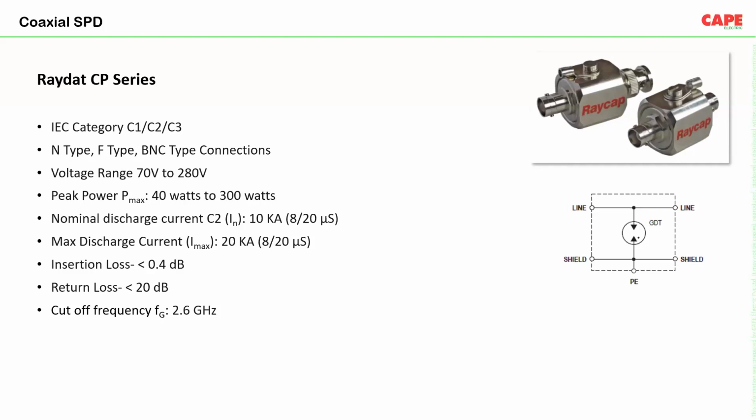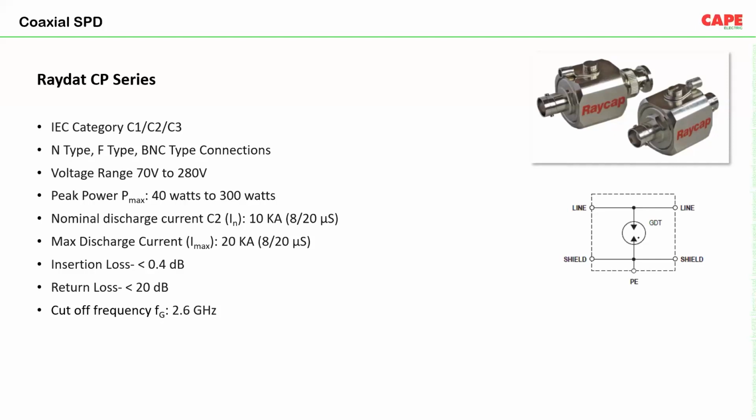The voltage ranges from 70 volt to 280 volt. It can handle a peak power of 40 to 300 watts, which is again a very high value for such small SPDs. The nominal discharge current is 10 kiloampere, maximum discharge current 20 kiloampere. It has a very low insertion loss of less than 0.4 dB, and return loss less than 20 decibels.